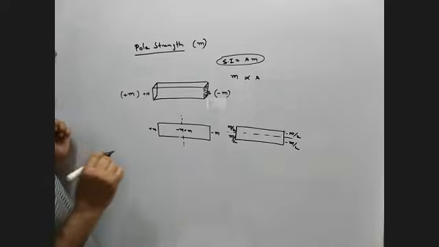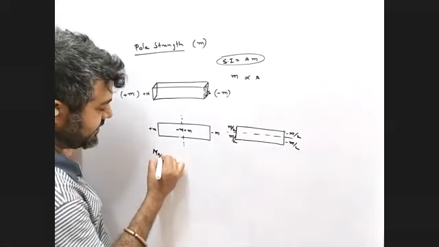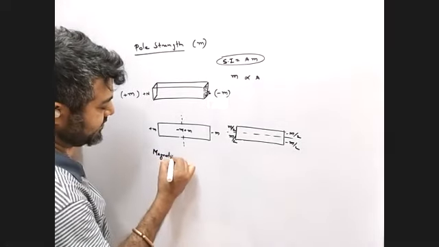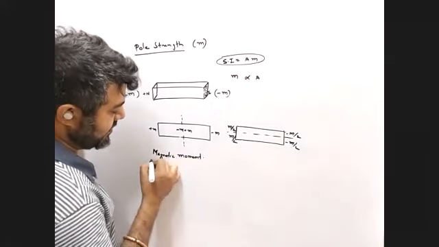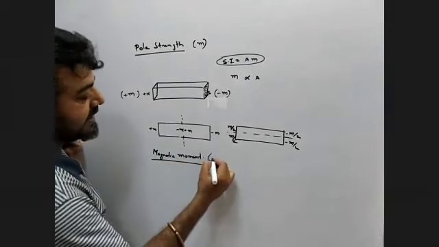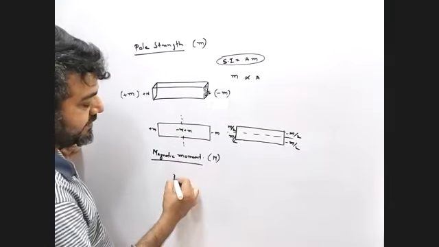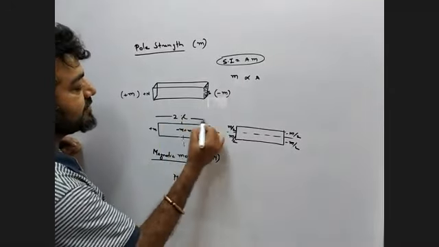The second one is magnetic moment. Magnetic moment is represented by capital M, that is pole strength into separation between the two poles.